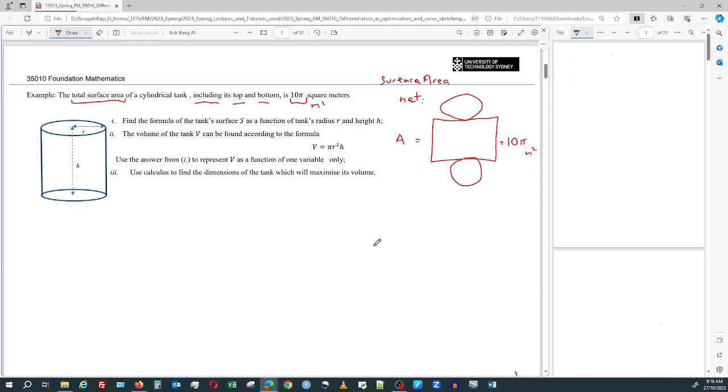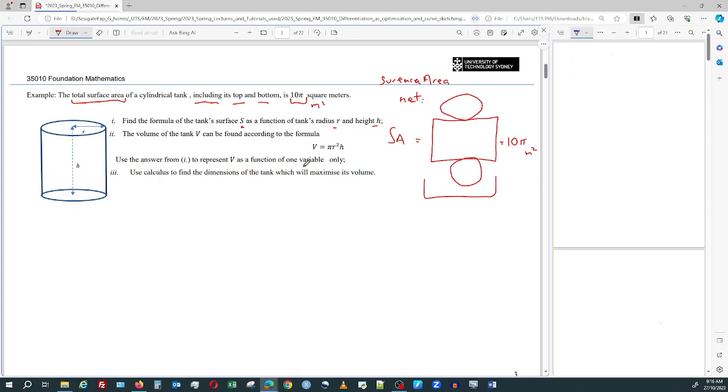So that's question information. And then it says find the formula for the tank surface as a function of the tank's radius and height. So we've got to find this bit, surface area.